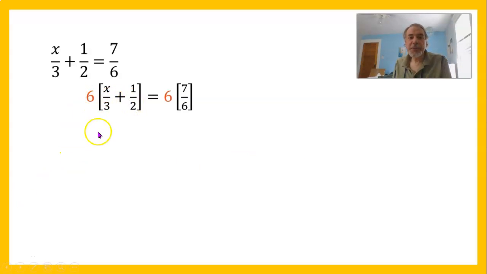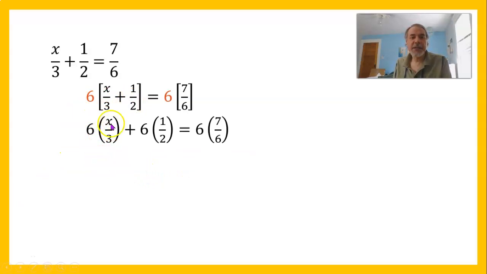That means each term gets multiplied by 6. 6 times x over 3 plus 6 times 1/2 equals 6 times 7/6. And 6 divided by 3 would be 2, and then 2 times x would give you 2x. So 6 times x over 3 simplifies to just 2x.